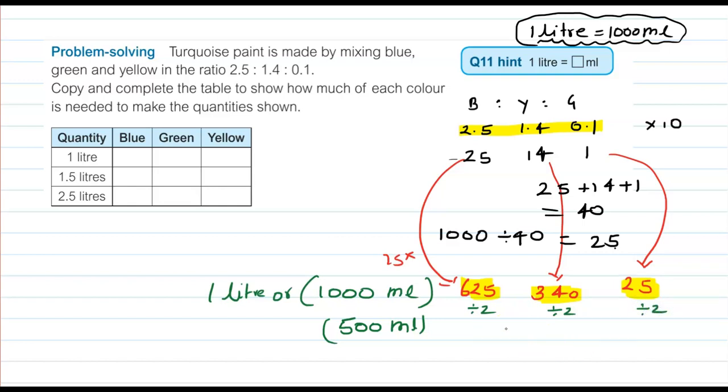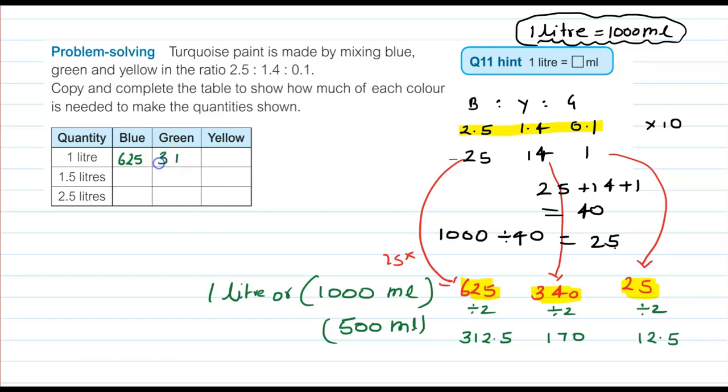So for 500 ml, you need to divide by 2. 625 divided by 2, how much is it? 312.5. Okay, 340 divided by 2 is 170.